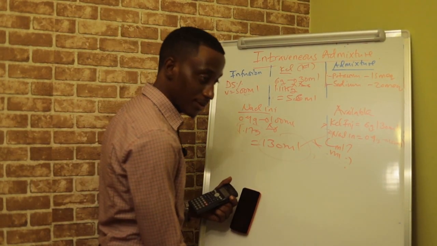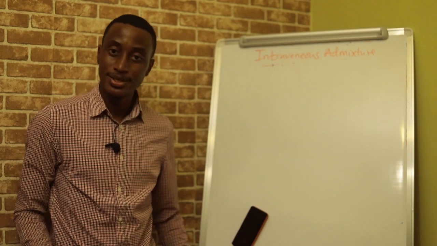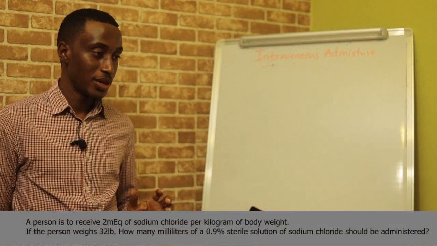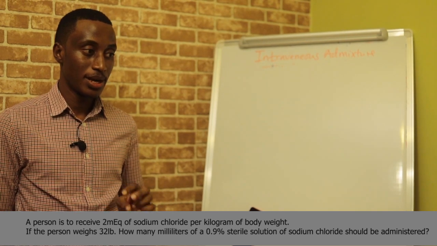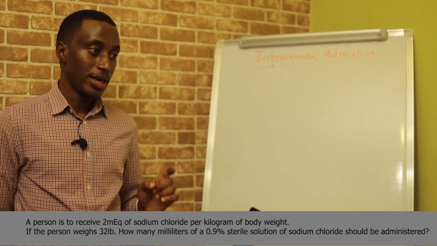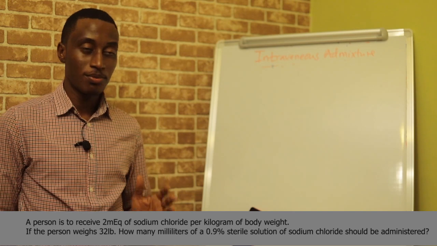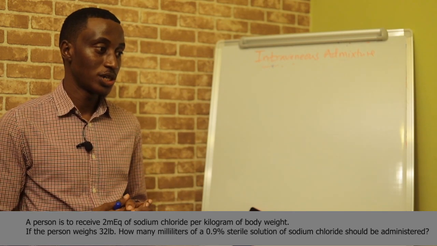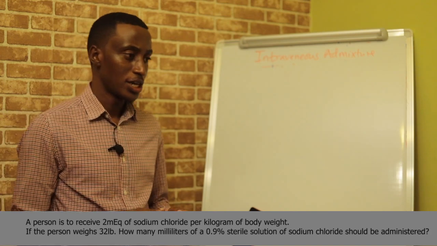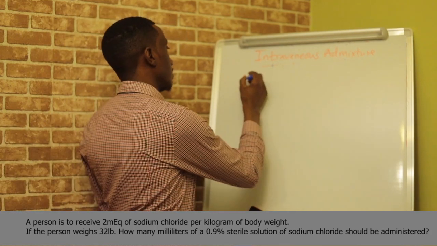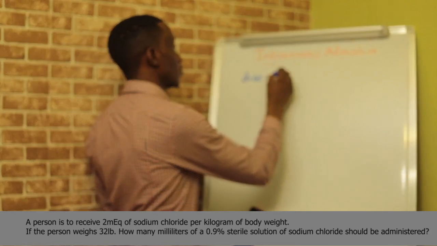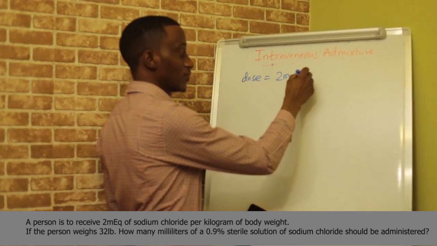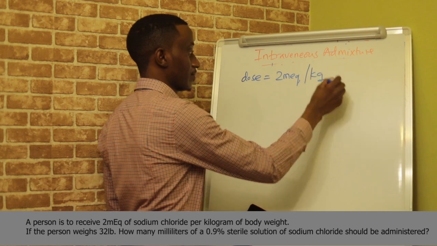The last example states that a person is to receive 2 milliequivalents of sodium chloride per kilogram of body weight. If the person weighs 32 lb, how many milliliters of a 0.9% solution of sodium chloride should be administered? So this is the dose now. This person was to receive 2 milliequivalents of sodium per kilogram.